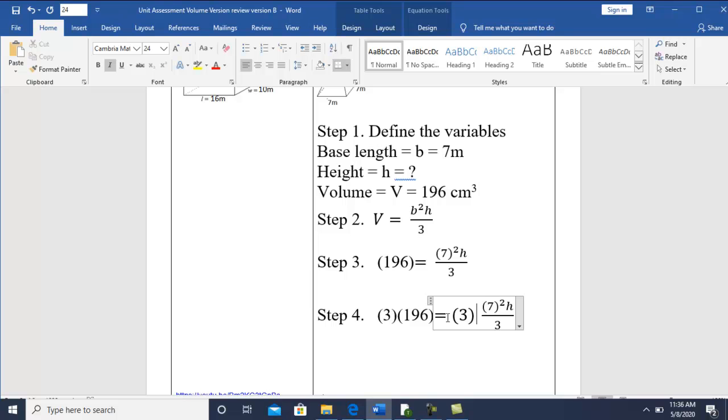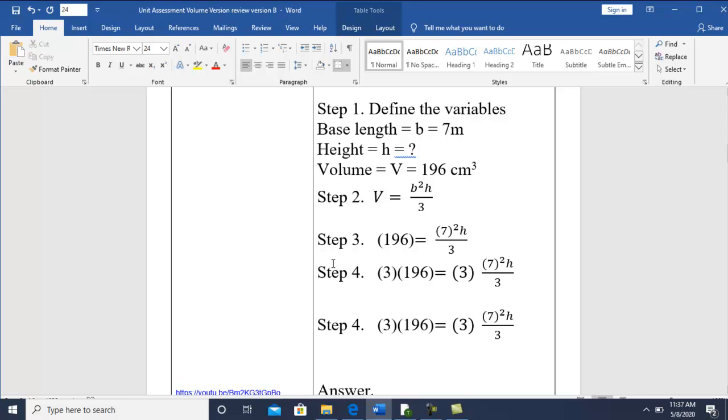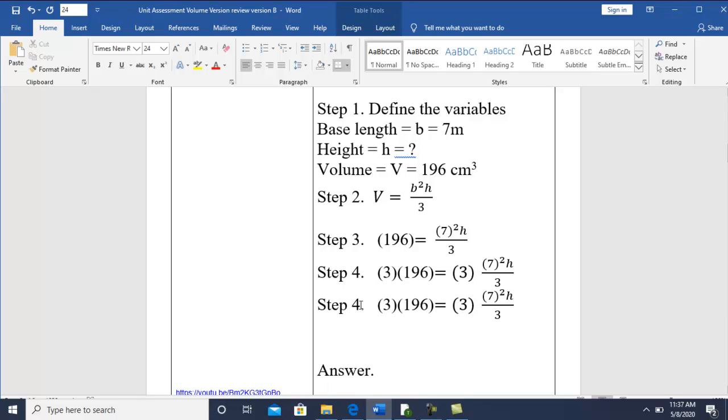I'm going to get rid of that 3 by multiplying both sides by 3. So in my next step, on the left side, I'm going to multiply 3 times 196.